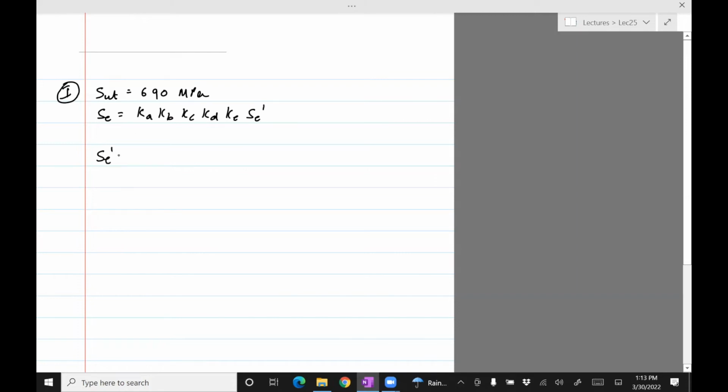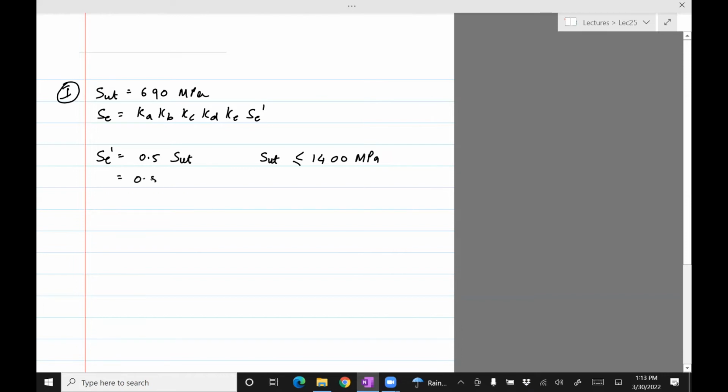For S_e prime there is an empirical formula: it is 0.5 S_ut if S_ut is less than 1400 MPa. 1400 is greater than 690, so that's true.